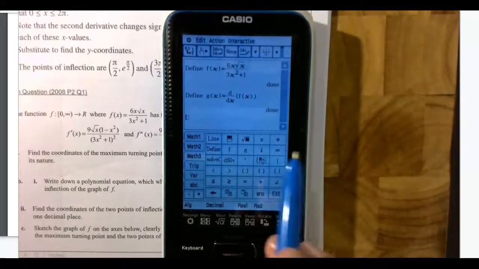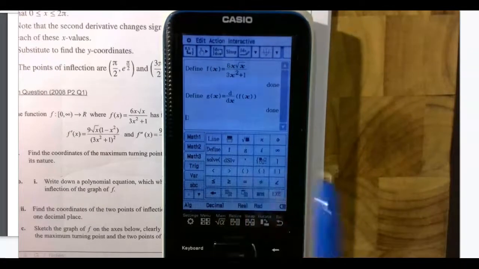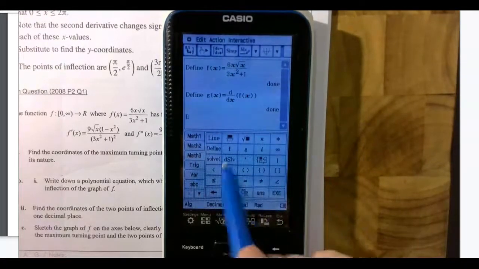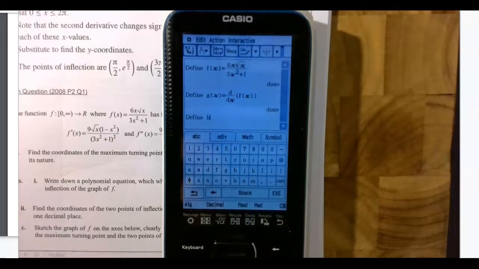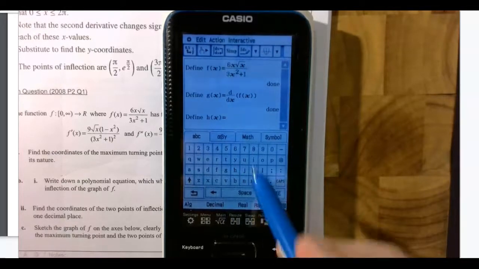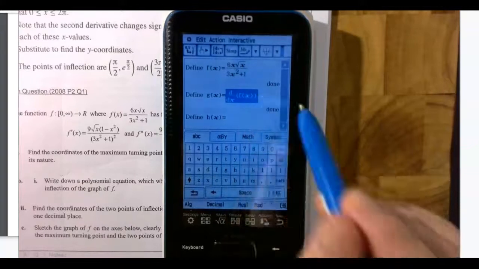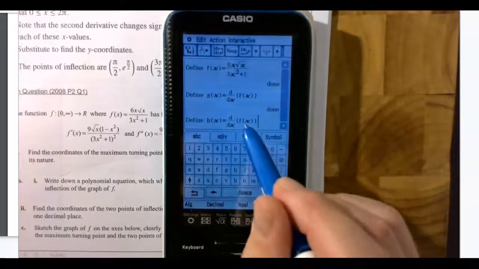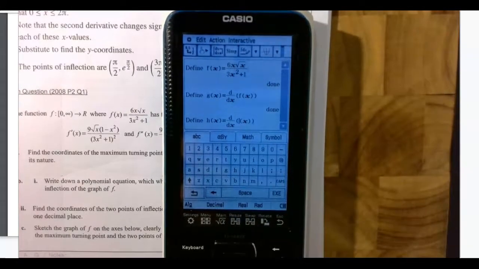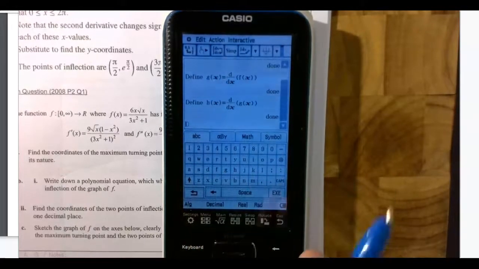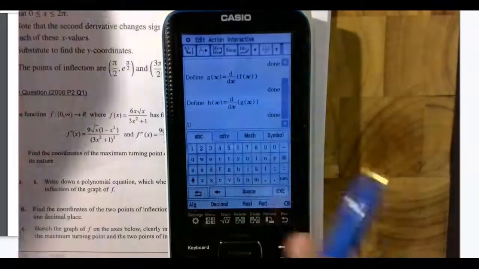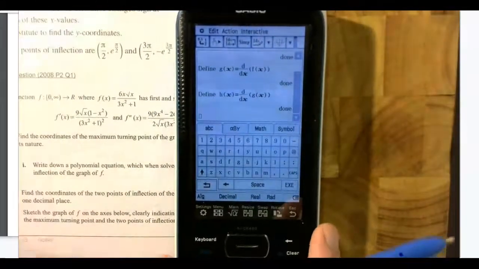Then I know from this point onwards that g is going to be my first derivative, and then I would go even further and define h of x as the derivative of g of x, which gives me that h is always the second derivative.